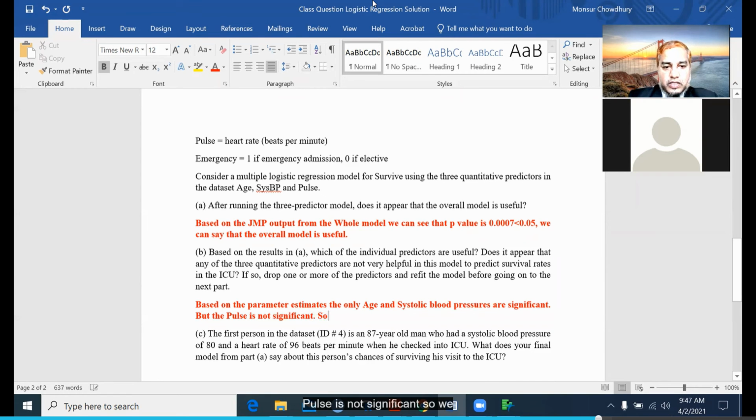So we remove the pulse from the model and refit the model.